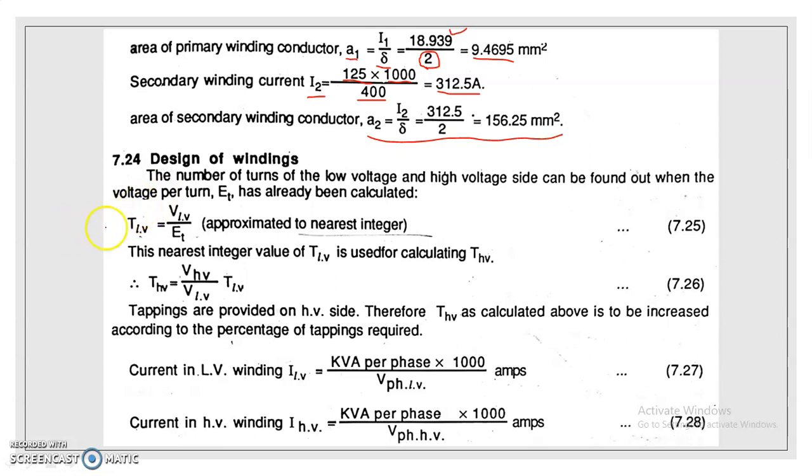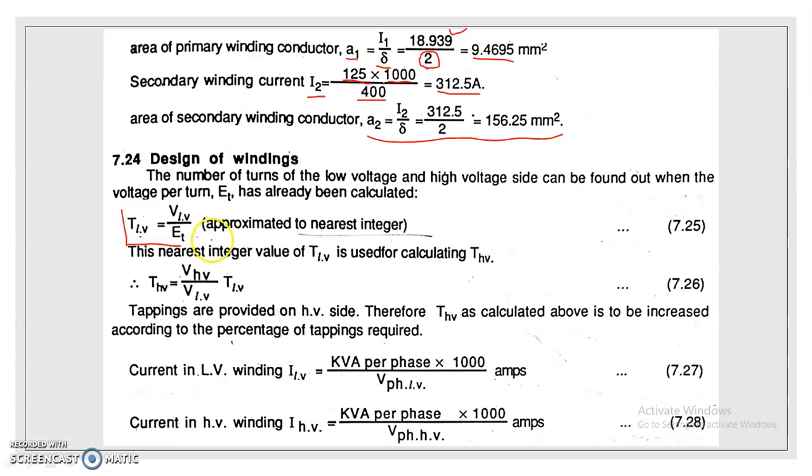In practice, we can calculate the lower side turns TLV with the help of the lower side voltage and EMF per turn ET. Take the ratio of the lower side voltage and EMF per turn, and we will get the number of turns on the LV side. If in practice it comes as a fraction, you have to choose the nearest integer of that fraction.